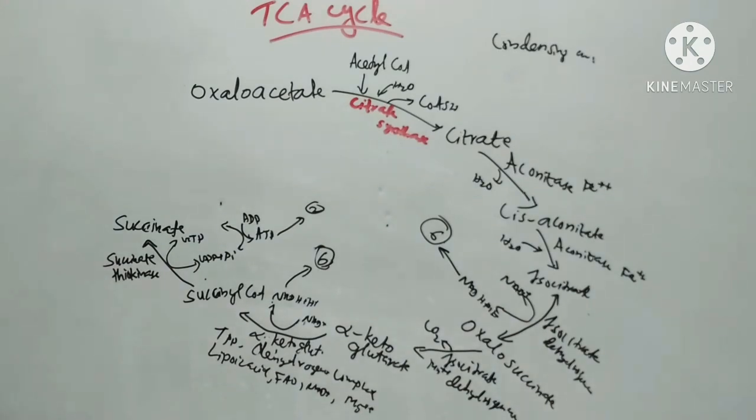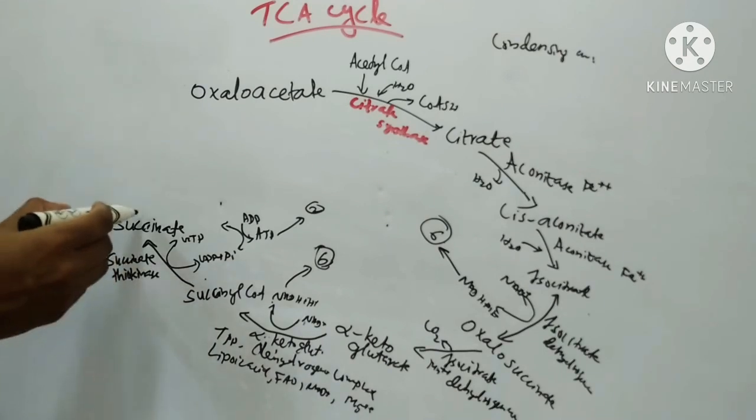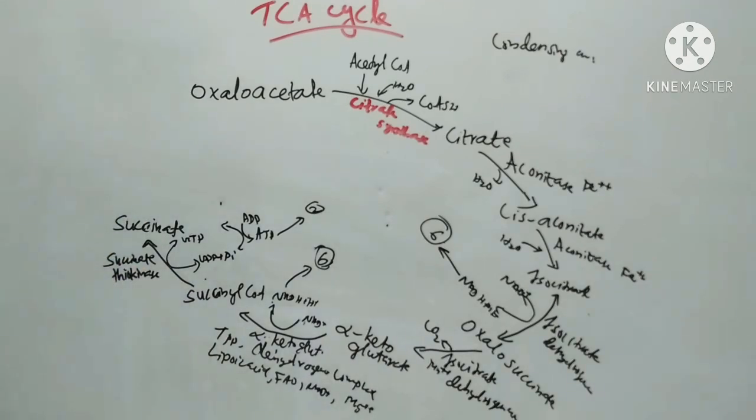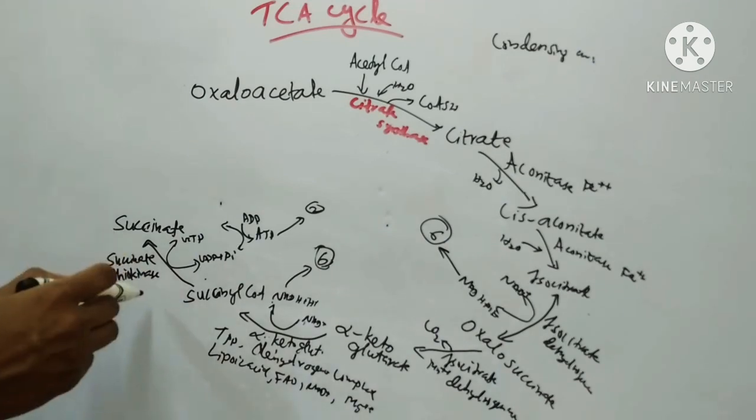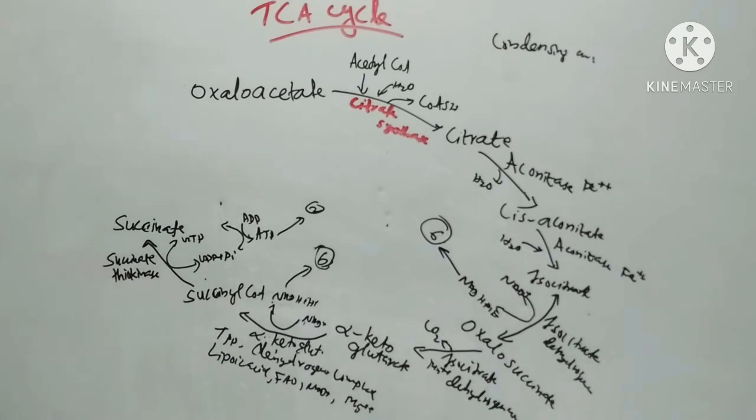The enzyme catalyzing the reaction is succinate thiokinase. It is also called succinyl CoA synthase. The release of free energy from oxidative decarboxylation of alpha ketoglutarate generates a high energy bond in addition to the formation of NADH.